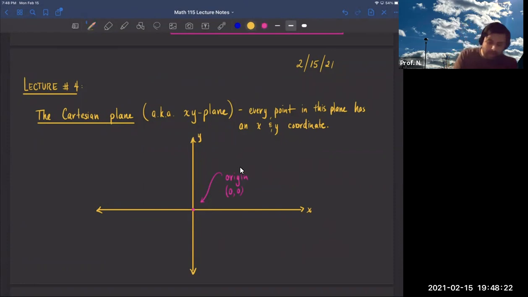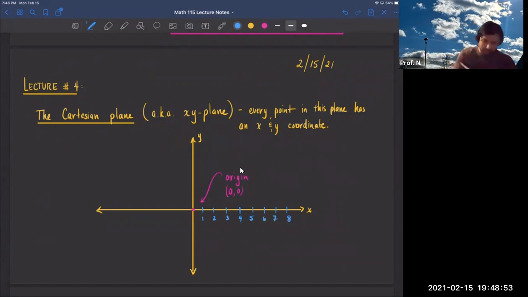When you draw this out, you'll notice these tick marks. As you move to the right on the x-axis, you're going up on the positive side of the number line. So the numbers move to the right, become more and more positive, and they become larger.